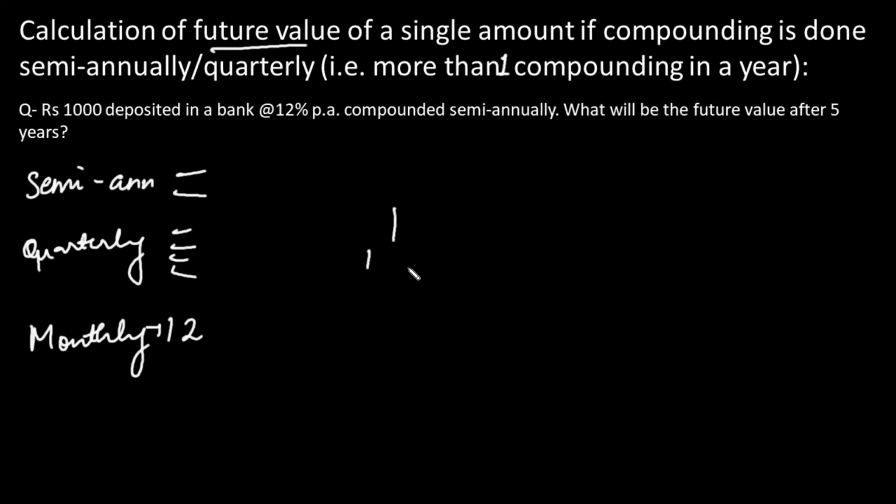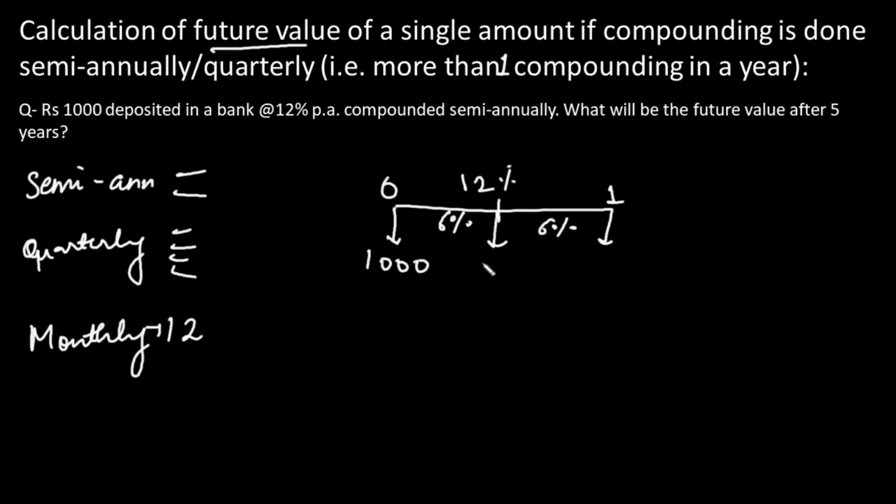Now let's say we had this amount rupees 1000 and अगर साल में एक बार compounding होती तो यहाँ पे 12% interest लगता and we would have been getting 1120 rupees at year 1. But यहाँ पे साल में 2 बार compounding हो रही है, so we'll put 6% interest 2 times, right?